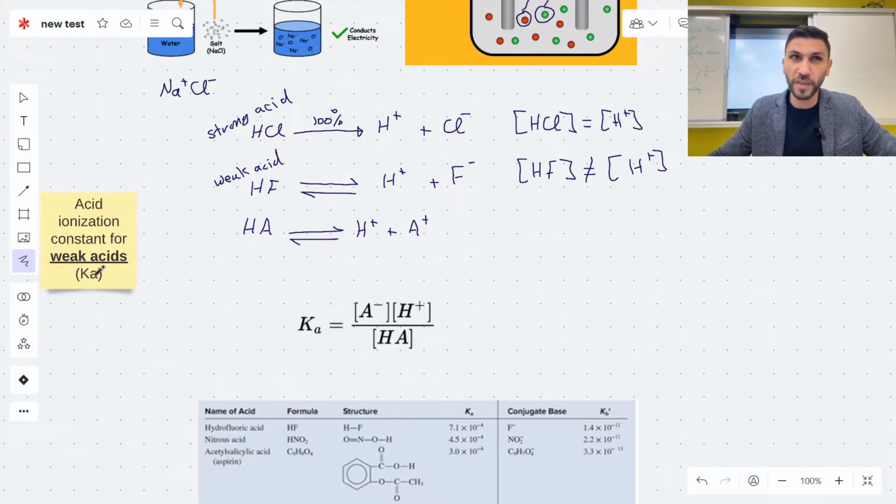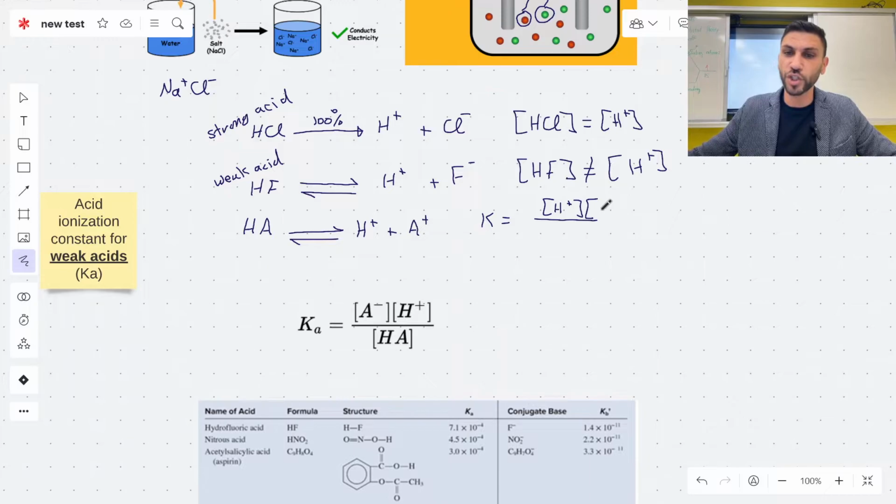We know that the constant at equilibrium equals the concentration of the products divided by the concentration of the reactants. So the K for this reaction equals the concentration of H positive multiplied by the concentration of A negative, this one is negative, sorry, divided by the concentration of the weak acid, HA.